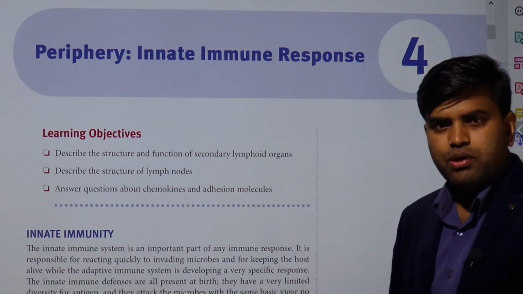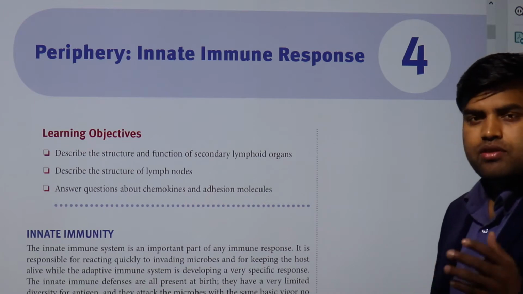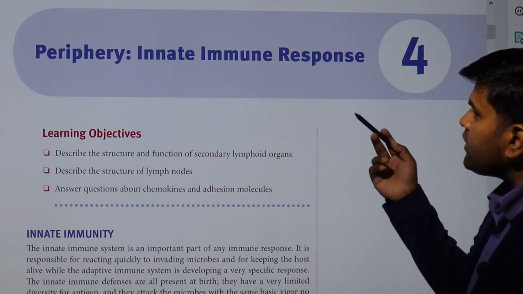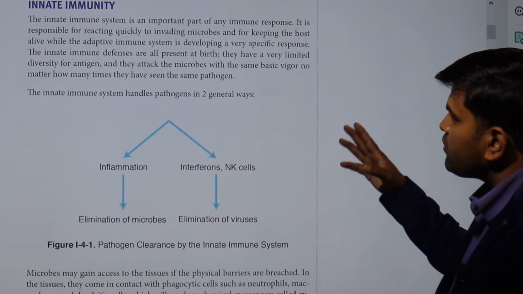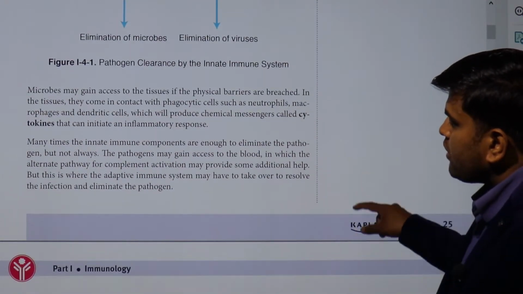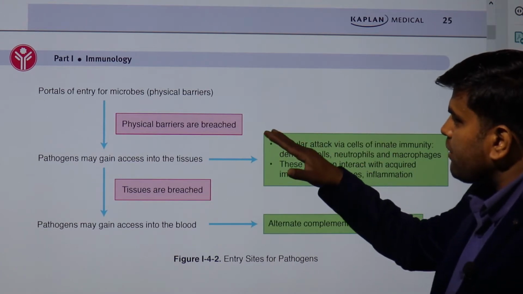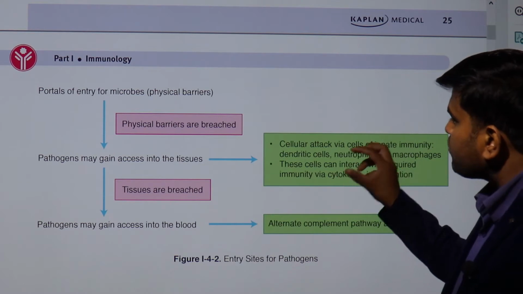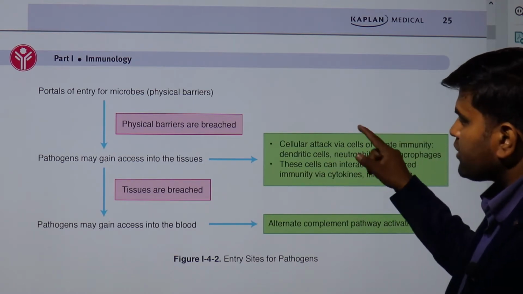So today we are continuing our concepts on chapter 4, that is the innate immune response. We have previously discussed the innate immune response, the inflammation and elimination of the viruses. Then we talked about the entry of the microorganism: physical barriers are breached, then it gets into the tissue where the innate immune cells, that is the macrophage, neutrophil and dendritic cell, come and take the role.